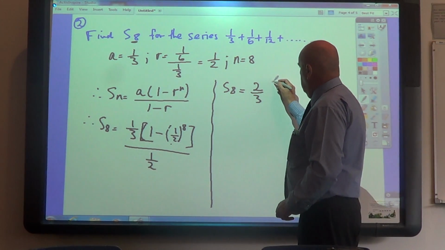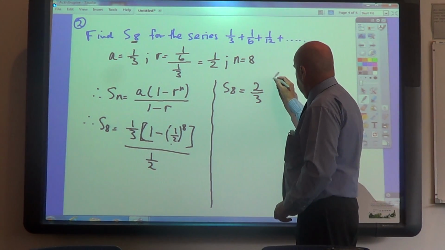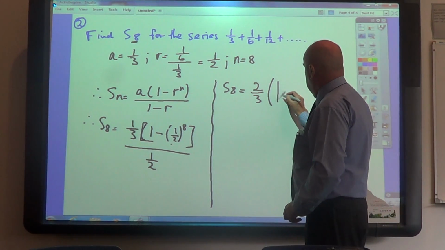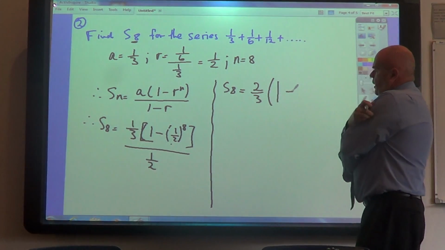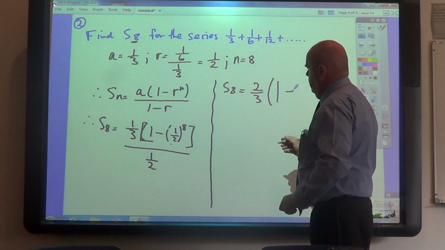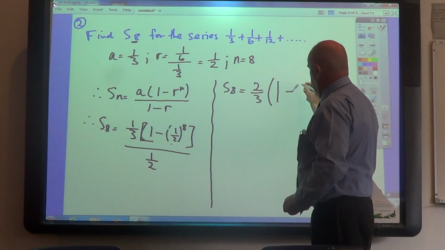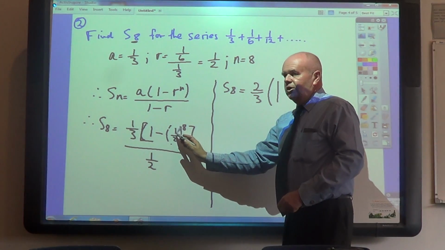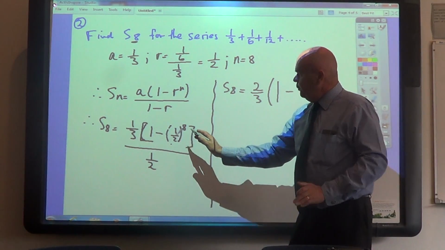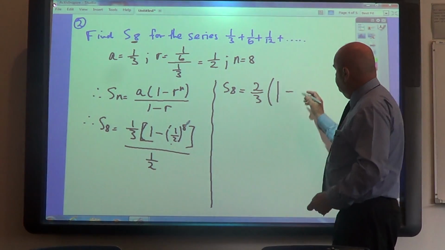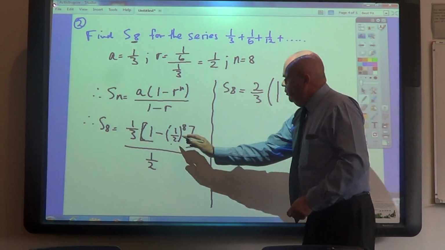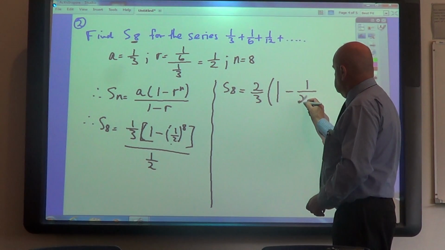I don't need square brackets. So 1 minus, now, 2 to the power of 8 is 256, isn't it? Now, remember this index law here? This is useful stuff. 1 to the power of 8 is 1, so that's nice. And 2 to the power of 8 is 256.